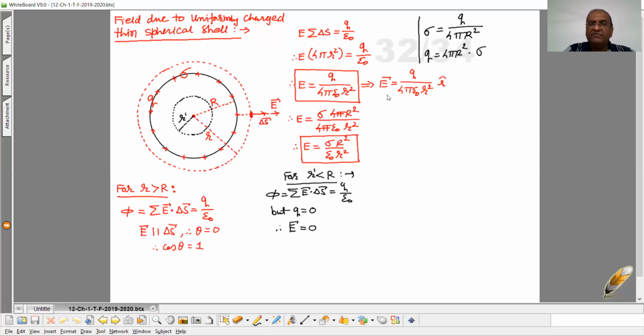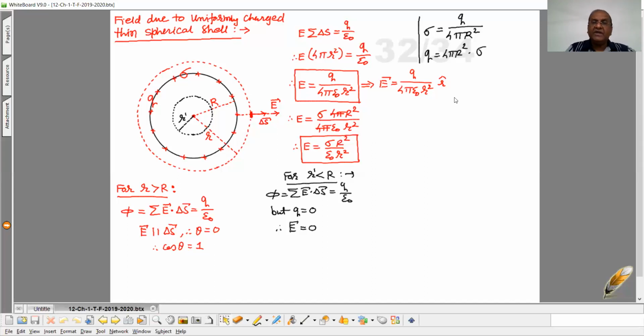Or in vector form, we can write E as Q upon 4 pi epsilon 0 r square into r caret. Now see this equation. This equation is exactly like the electric field due to a point charge Q at a point situated at distance r from the charge.